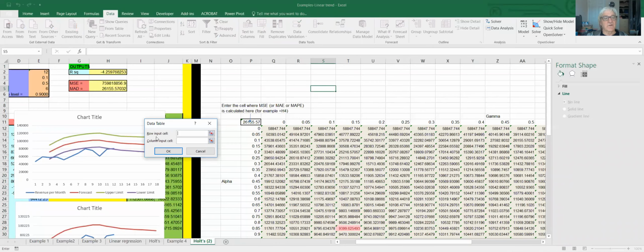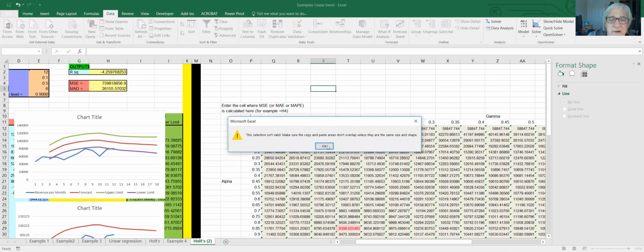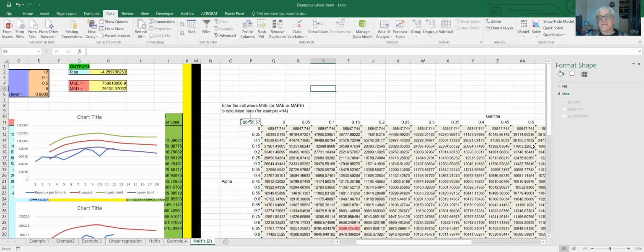Then you enter gamma in the row input. So you take the cell where gamma is given and you put it here. And alpha is coming in columns, so you put it here. If you click OK, anyway, if I selected the table and did what I did right now, what is it going to do?